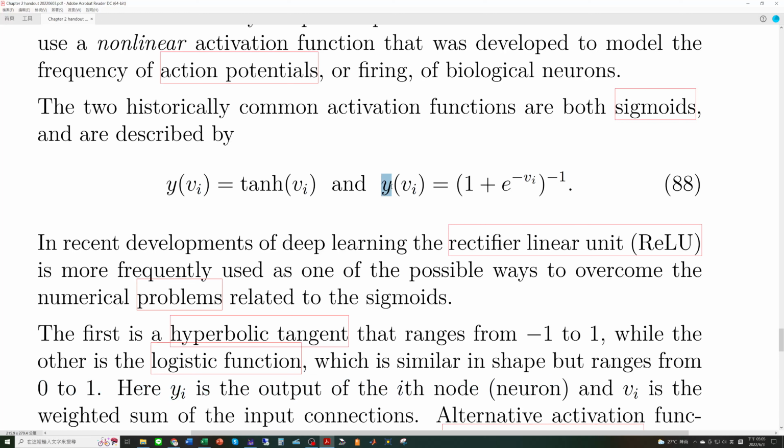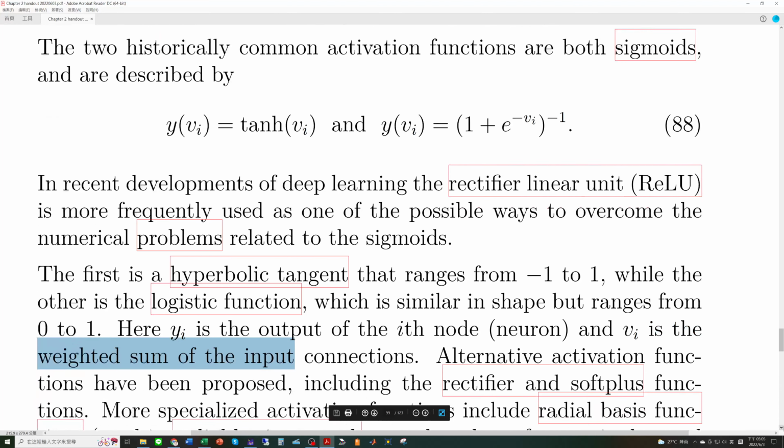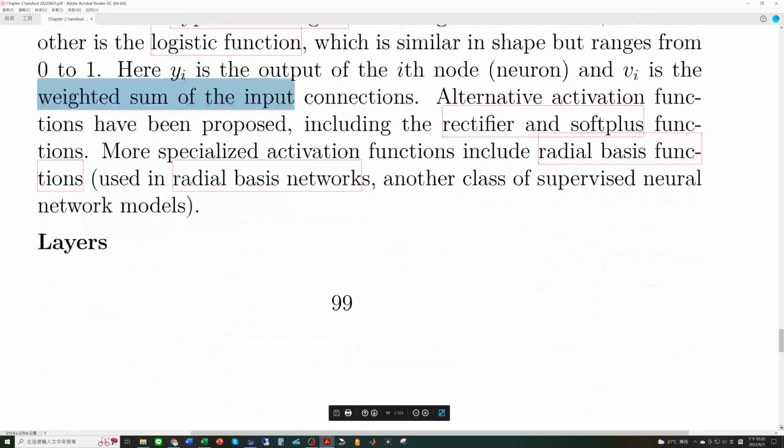And vi is the weighted sum of the input connections.